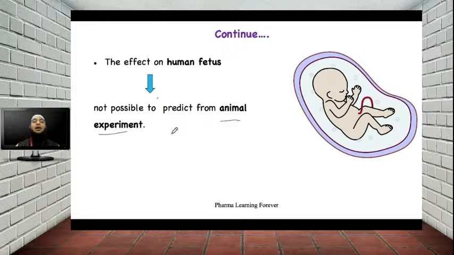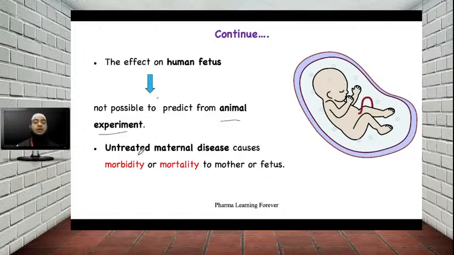So animal data cannot always be correlated with human physiology or with pregnant women. That is another challenge while investigating or inventing new therapeutic options for pregnant women.